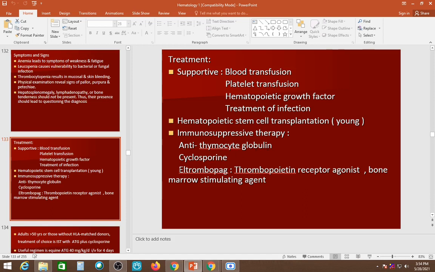And also nowadays, when we give these two, we always have to give eltrombopag, okay? This is nothing but a thrombopoietin receptor agonist. It increases thrombopoiesis and also acts as a bone marrow stimulating agent.